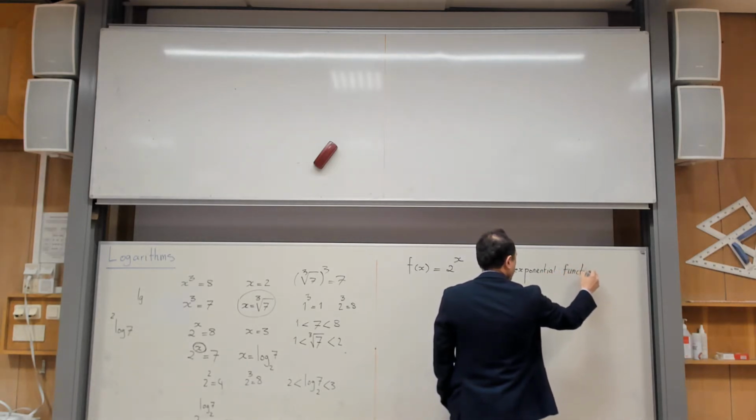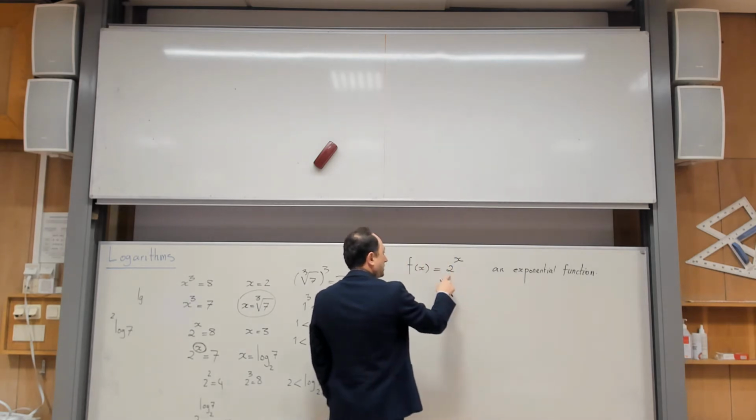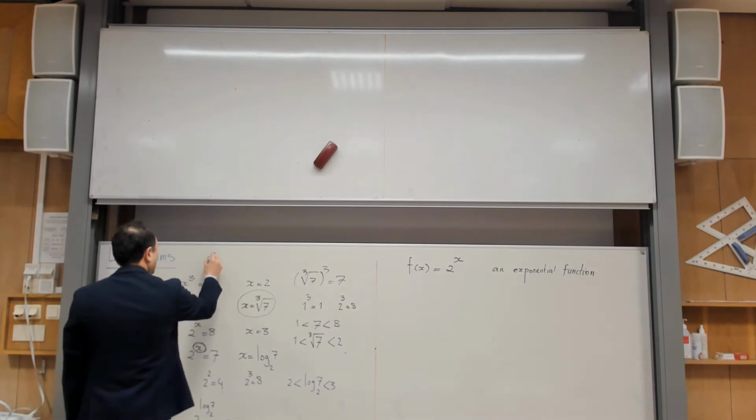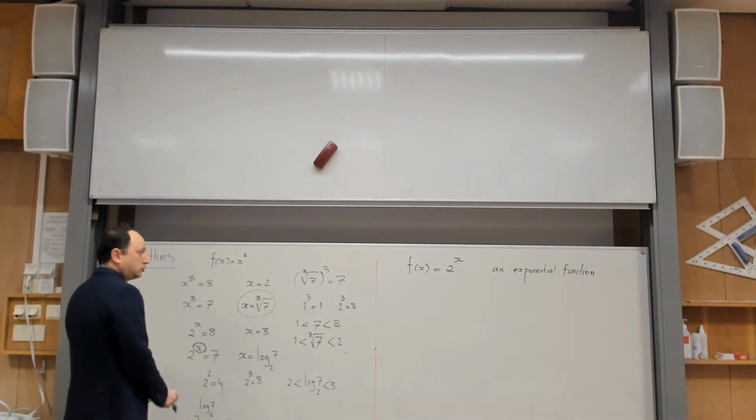What is an exponential function? An exponential function is a function of this type whose base is a constant number and its exponent is a variable. This function, f of x equals x to the power 2, is called a polynomial function.